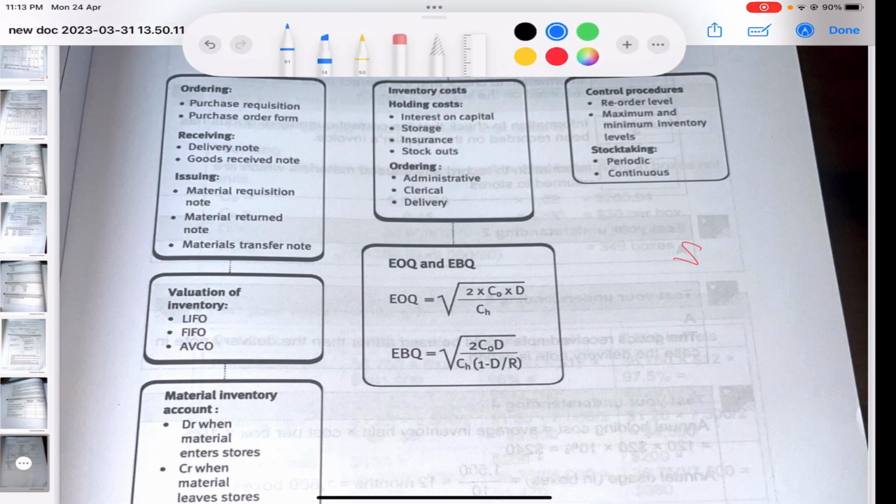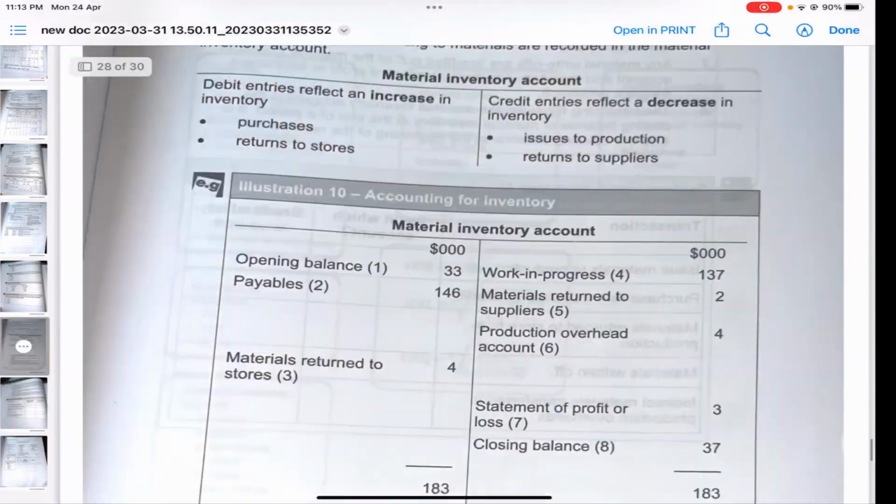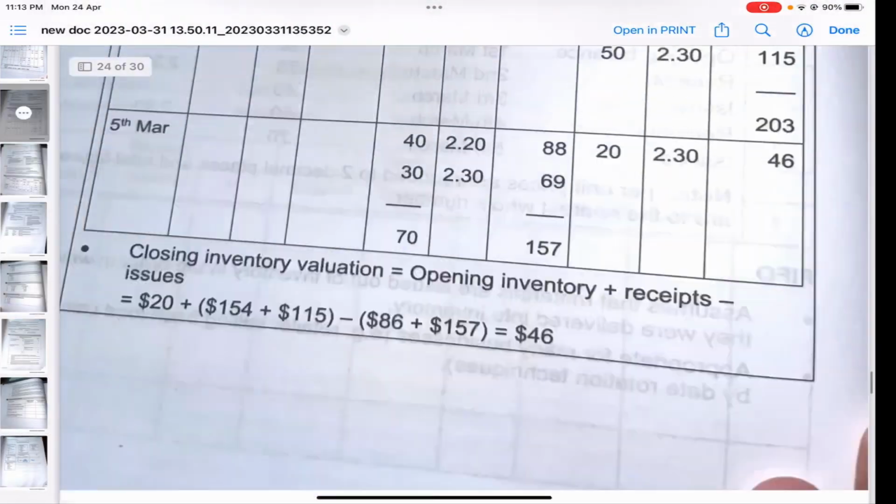Okay, so we have our economic order quantity, and we also saw the economic batch production quantity, where D is my annual demand, R is my replenishment rate, CH is my holding cost, CO is my cost of setting up one batch of production. And what were my reorder level formulas?